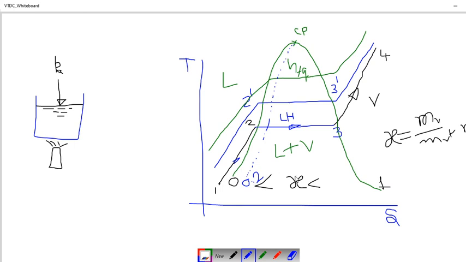Similarly, towards the saturated vapor curve, the dryness fraction value goes on increasing, maybe 0.8, 0.9, 0.95 and 1. So these are the different curves which can be shown on the TS plot. It's obvious that the isentropic lines will be vertical. These will be isentropic lines.